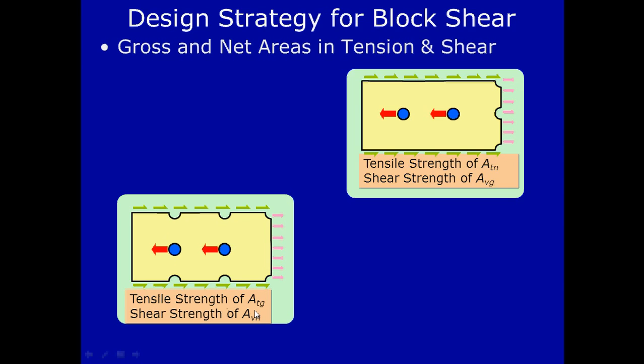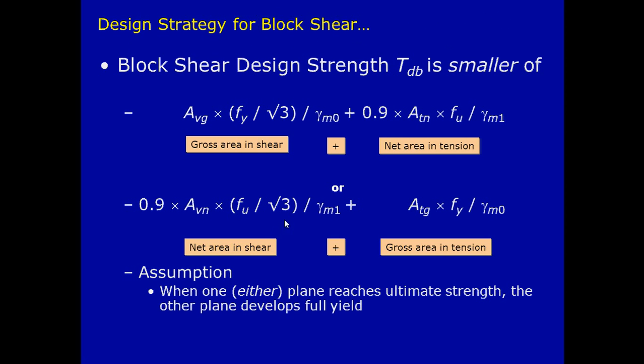So we should consider net area in shear stresses, and along this plane no holes are there. So this is why we should consider gross area in case of tension. These are the formulae to find out the block shear strength of a plate, and the minimum should be adopted in design.